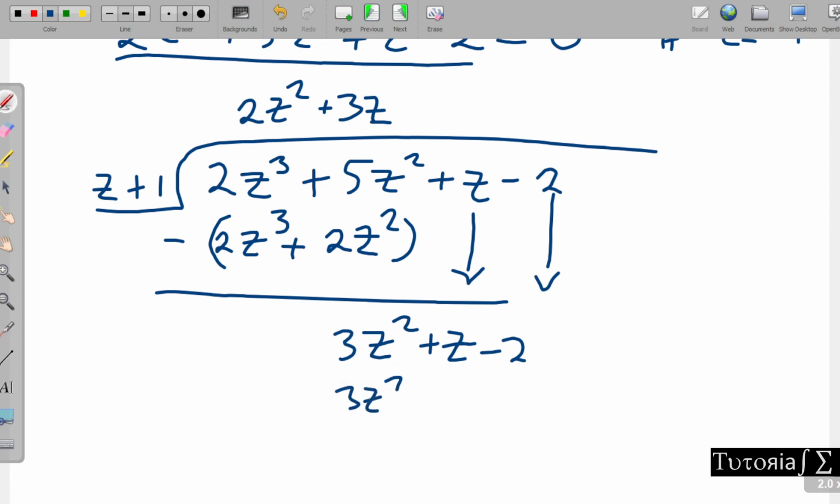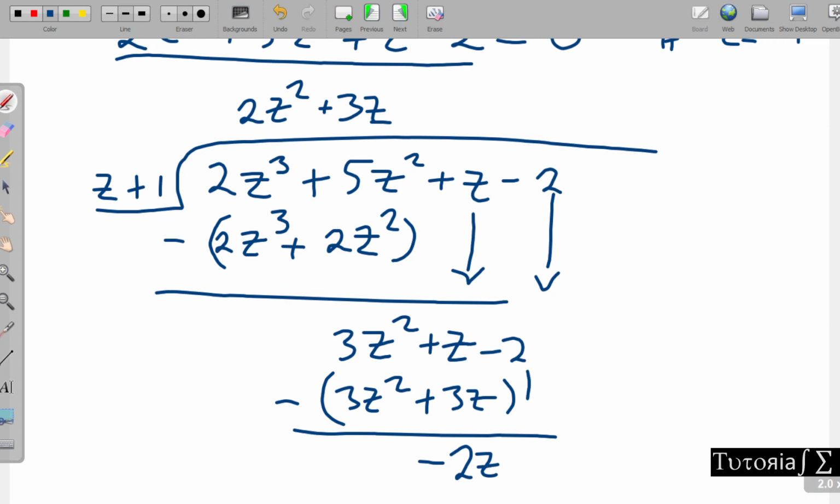3z squared plus 3z plus 3z. Then you say minus again. So again you say this minus this, 0; this minus this, negative 2z. You also drop this constant, which is negative 2.